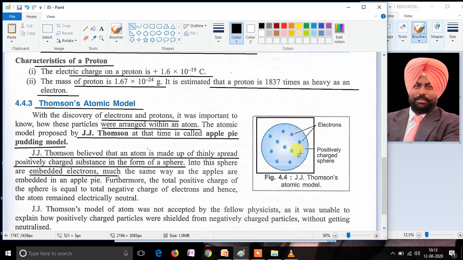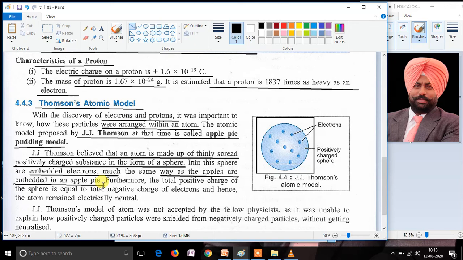Thomson believed that the full atom is made up of a positively charged sphere, and electrons are embedded in it in the same way as apples are embedded in an apple pie custard.